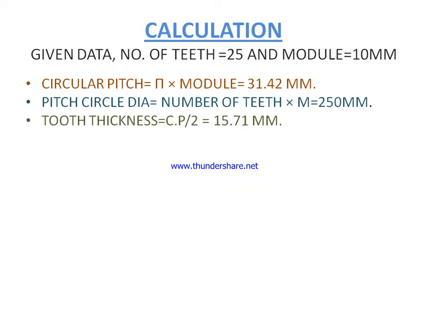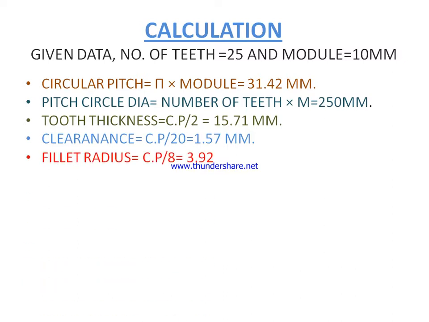Tooth thickness, circular pitch by 2: 15.71 mm. Clearance, circular pitch by 20: 1.57 mm. Fillet radius, circular pitch by 8: 3.92 mm.